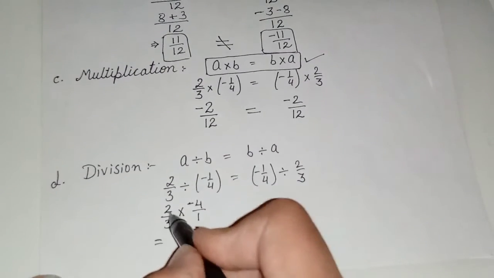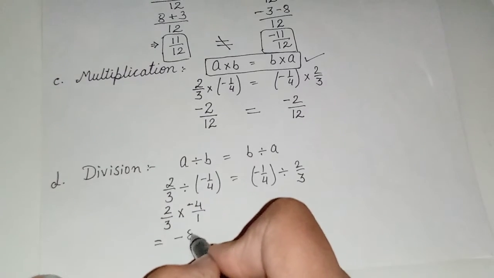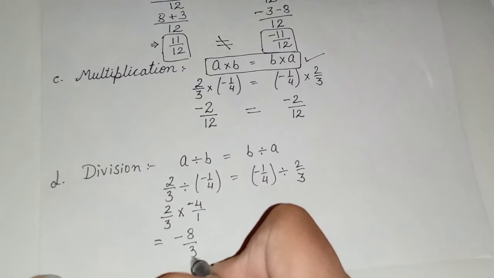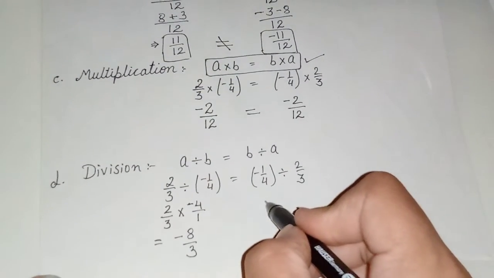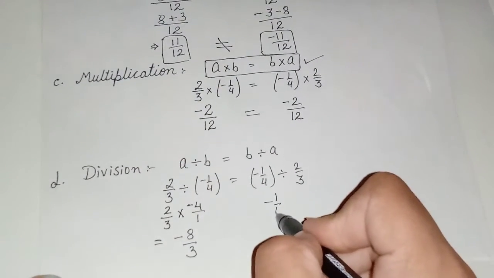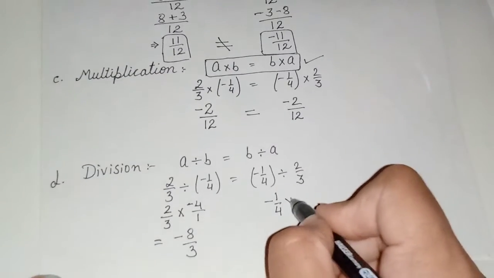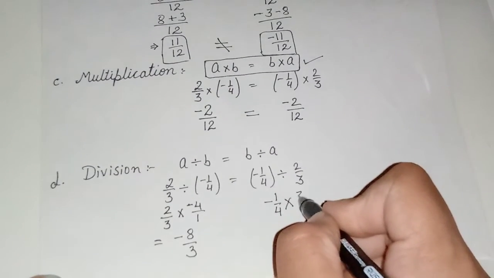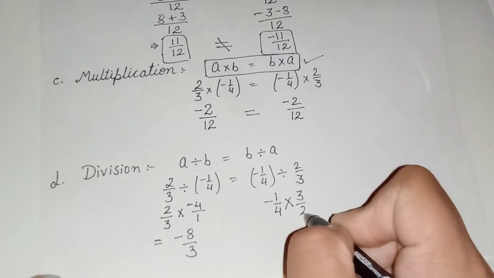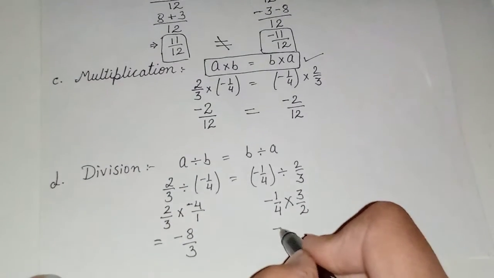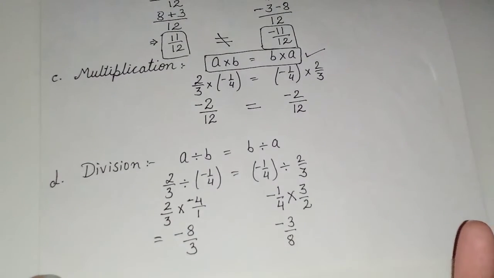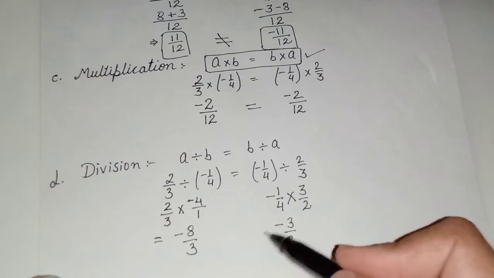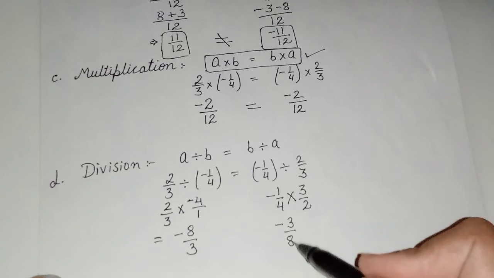So we get their product as minus 8 upon 3. Now let us see the right hand side. Minus 1 by 4 into 2 by 3 will become 3 by 2. Minus 3 upon 8.